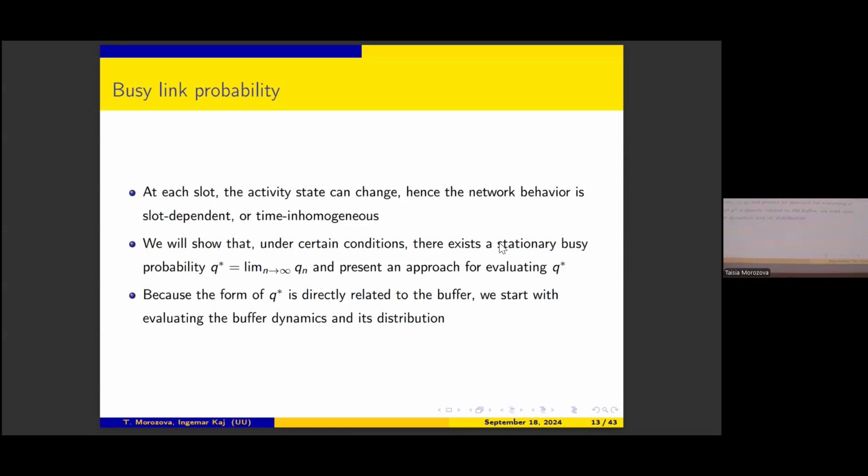But we will show that it has a limit, and because of this, all the stationary metrics of the system exist. So then they can be computed, actually. Because the shape of Q star directly relates to the buffer and the buffer behavior, we are going to start with evaluating the buffer distribution and the buffer dynamics.